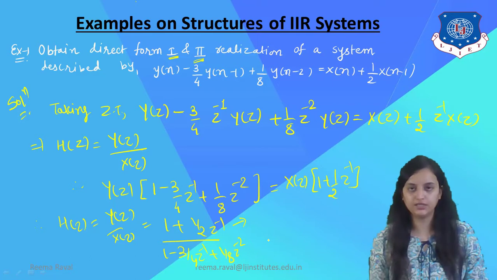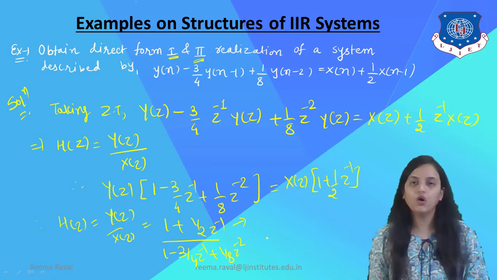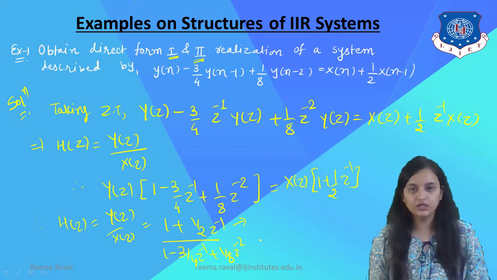In the same way, to obtain the direct form 2 realization, we take the denominator part as h1 of z, that means the all pole system, and the numerator as h2 of z. So let's see how to draw that.